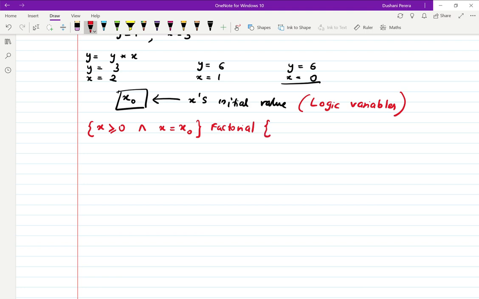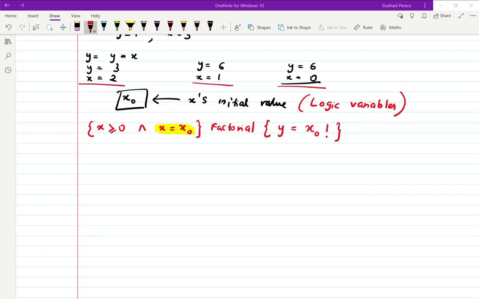And then, what do we have next? y will have the factorial of x, but now it's not x anymore, because here we introduced a new variable called x naught to capture the initial value of x. So y will be equal to the factorial of x naught, whereas x will capture these changing values and x naught will capture the initial value of x. So the answer will be the factorial of x naught.